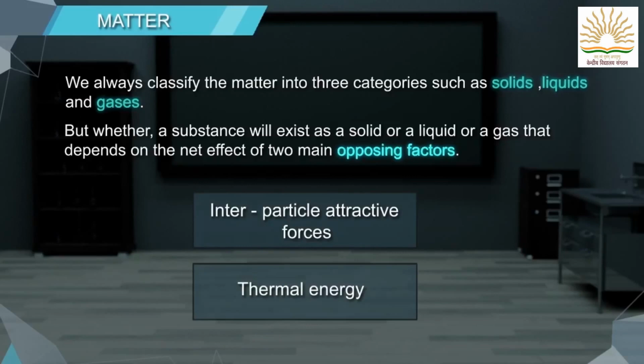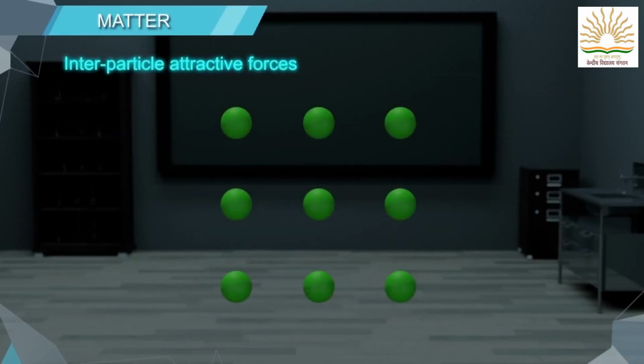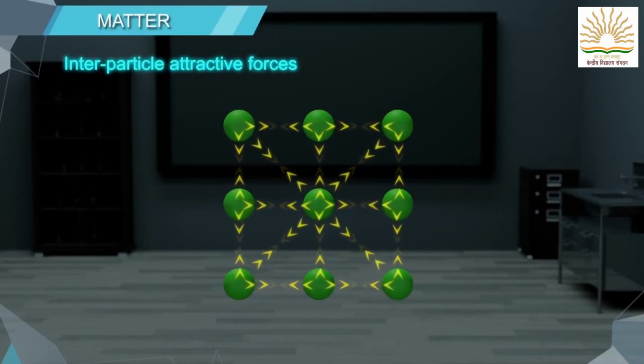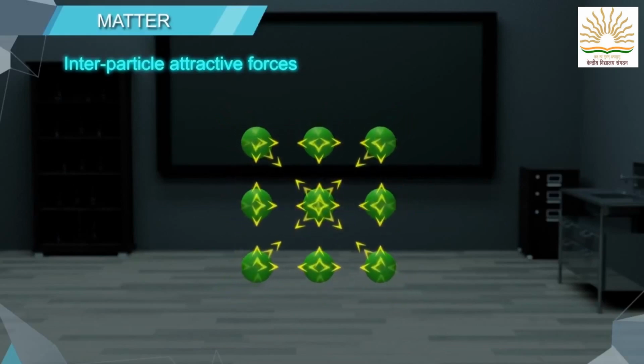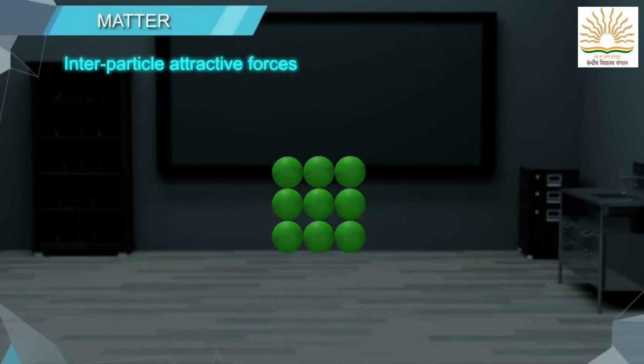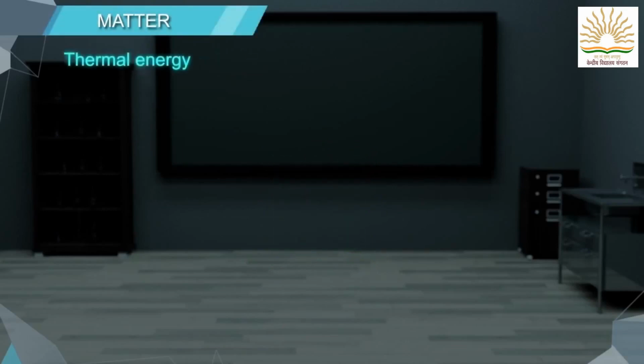Let us look into the interparticle attractive forces. Interparticle attractive forces are the forces that always tend to bring the constituent particles such as atoms, molecules, or ions closer to each other.